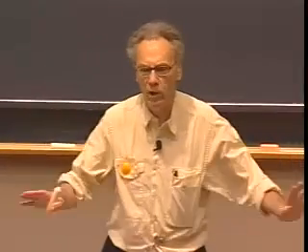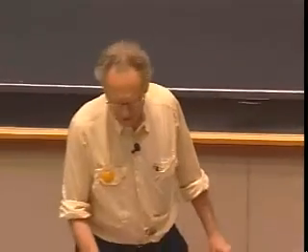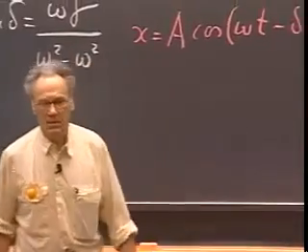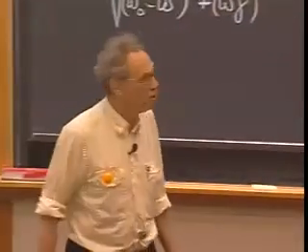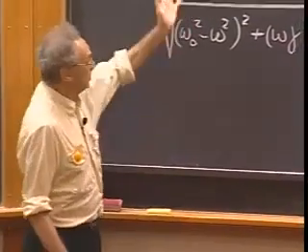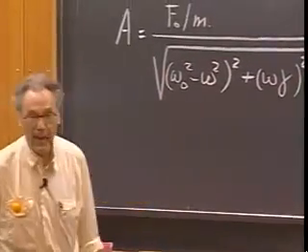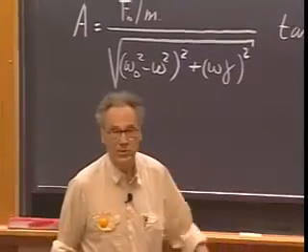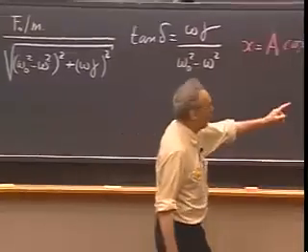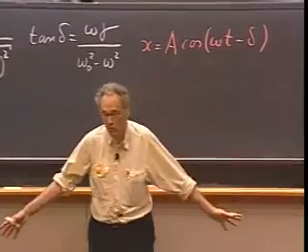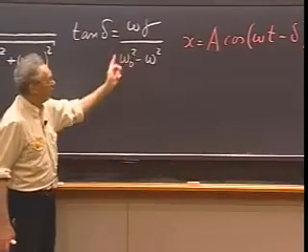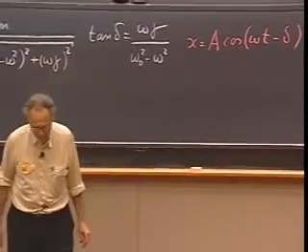It has lost all its memory. And so A, which is the amplitude of that object, is not something that you may choose. A follows immediately from this equation, which is a complex function of omega, omega 0, f0, and so on. And delta is also non-negotiable. Delta has nothing to do with your initial conditions. Delta follows from gamma, omega, and omega 0.